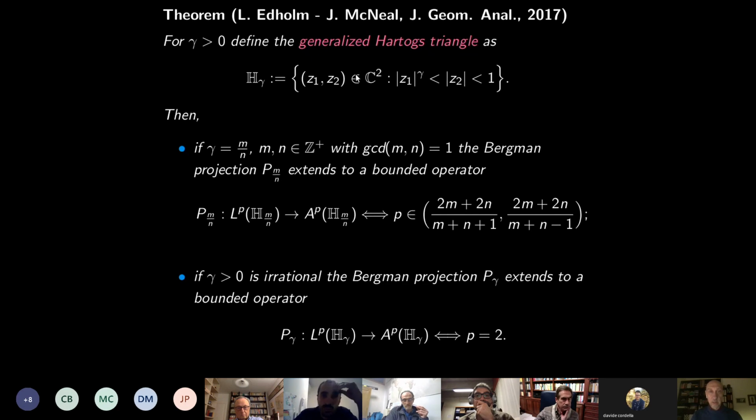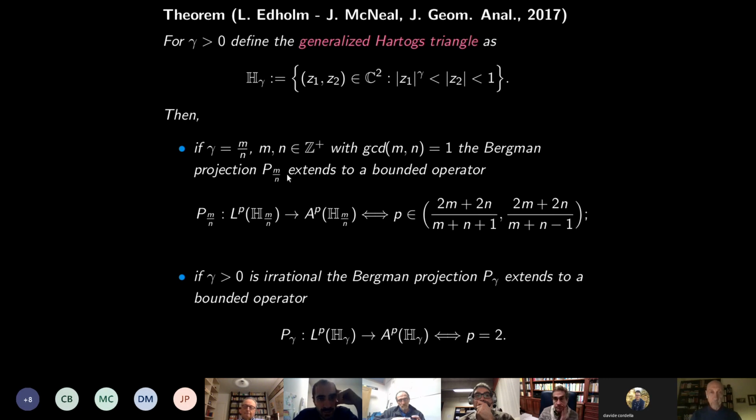Yeah, no, Hedholm and McNeil, they are working on a different domain. Oh, okay. They work on this domain here. You can still see my screen, right? Yes. Here they have this power gamma. The classical triangle is when gamma is equal to 1.